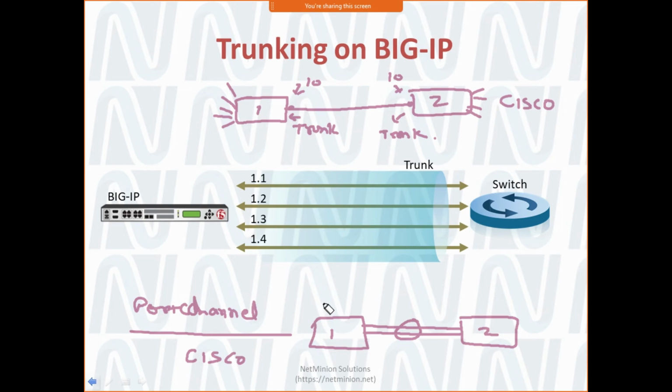Now remember, whenever you say trunking on the BIG-IP, it means this. Bundling of interfaces is known as a trunk in BIG-IP terminology. Is it okay, guys? So do remember that.